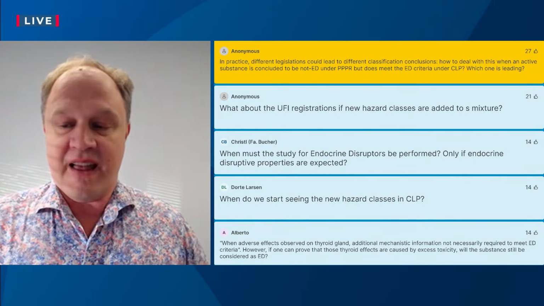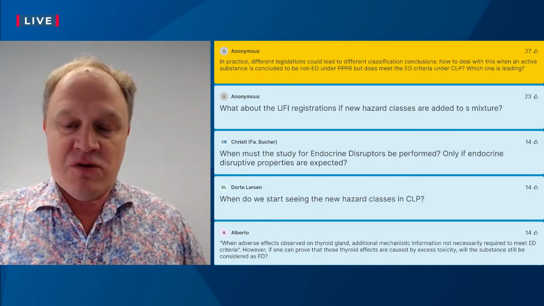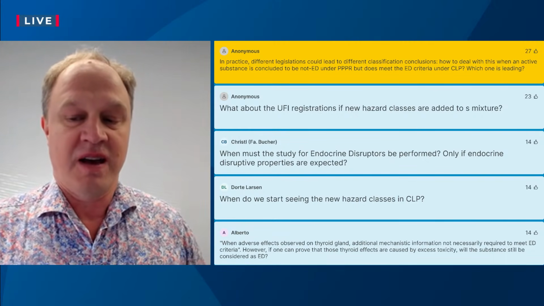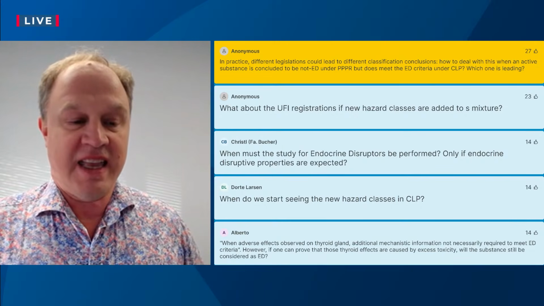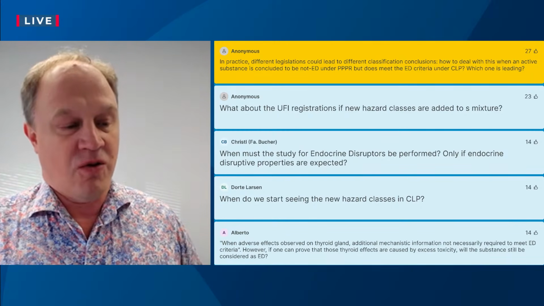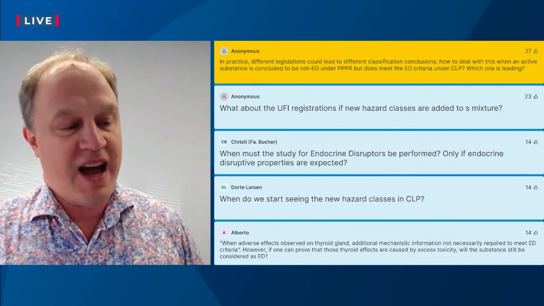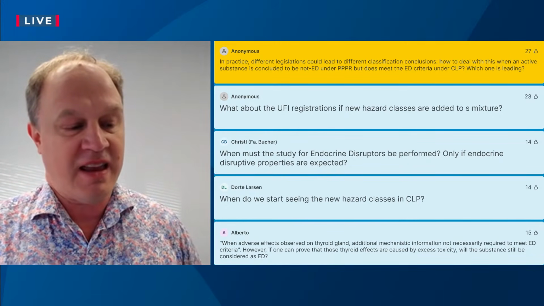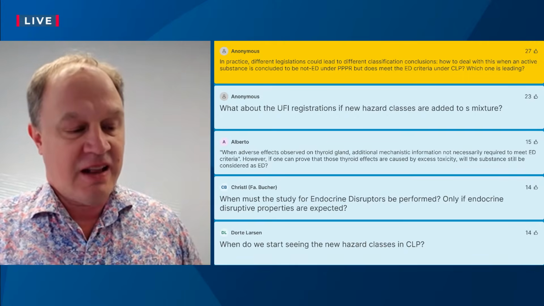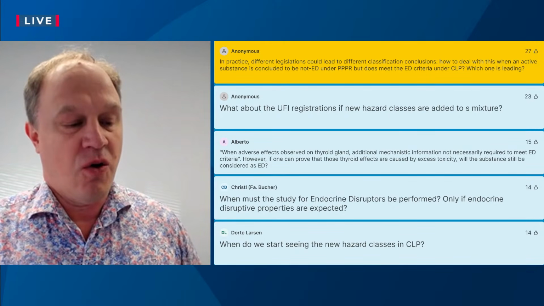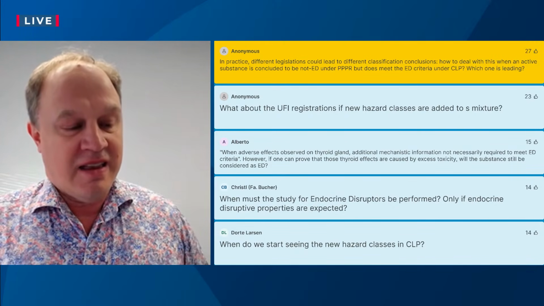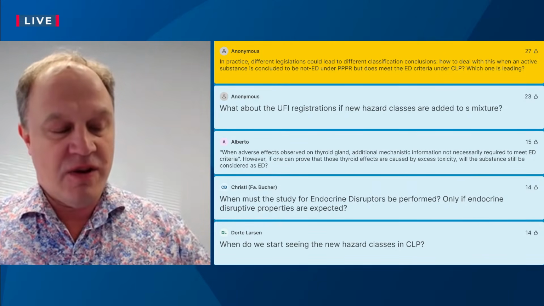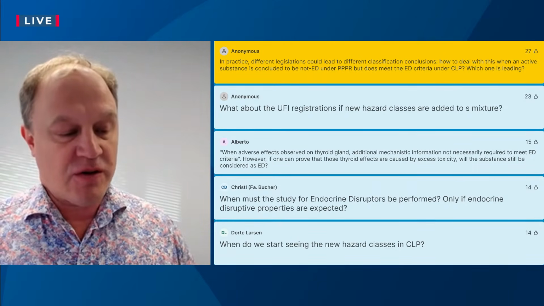For the other question, it's a bit ambiguous how it's written, but I assume that because concluded not to be ED, does that mean concluded not to be ED due to the fact that EFSA, when they did the assessment, had a complete data set and had all the information needed? Or is it that they have not concluded based on the information they have, but asked for more information?